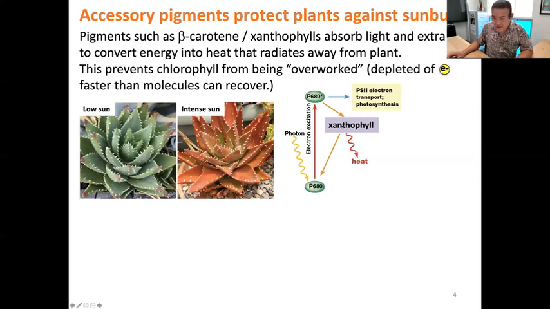Pigments like xanthophyll can take the P680's agitated state and absorb some of that energy, so that the P680 doesn't have to give up the electron. So it sort of stabilizes the whole reaction here. The energy absorbed by the xanthophyll will just be converted to heat and released from the plant cell and then from the leaf. As a result, the P680 can remain at its happy, stable state.